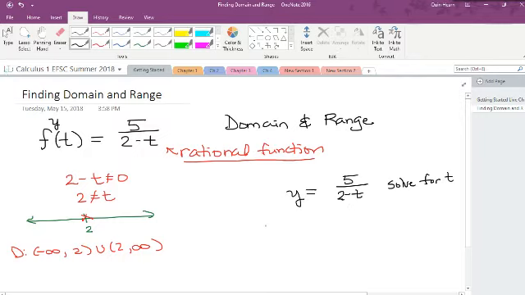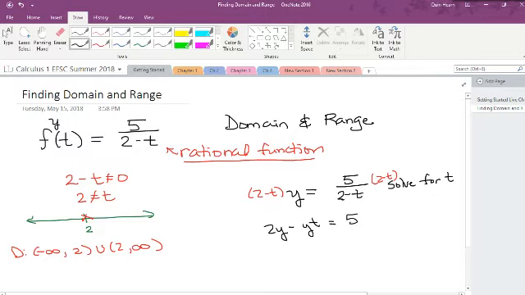So to solve for t, I would multiply both sides by 2 minus t. And this would give me 2y minus yt, or ty, it doesn't matter, equals, the denominator cancels out and we have 5.